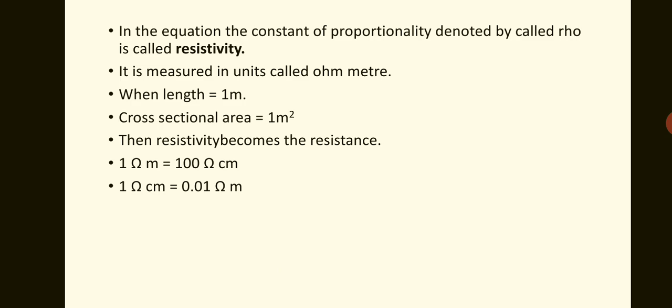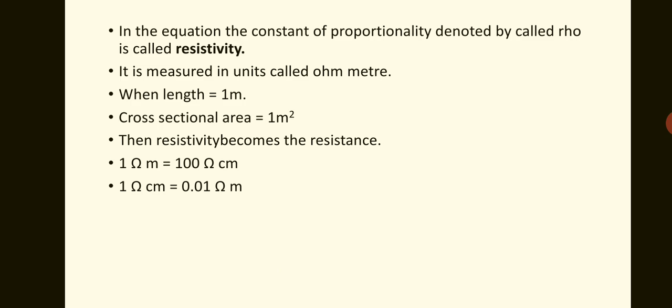Now in the equation, the constant of proportionality denoted by rho is called resistivity or specific resistance. It is measured in units called ohm meter.